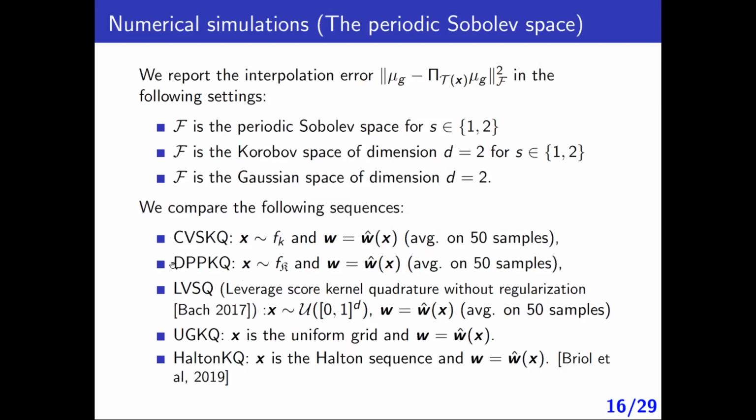We consider also projection DPP, again averaging on 50 samples, and in this case we have an exact sampler. We can use the leverage score quadrature that was defined by Bach, and in this case it corresponds to the uniform distribution, and we consider the setting where we remove the regularization. In his setting, he needs to add the regularization, but I plot the results without the regularization, and the uniform grid, and finally the Halton sequence.